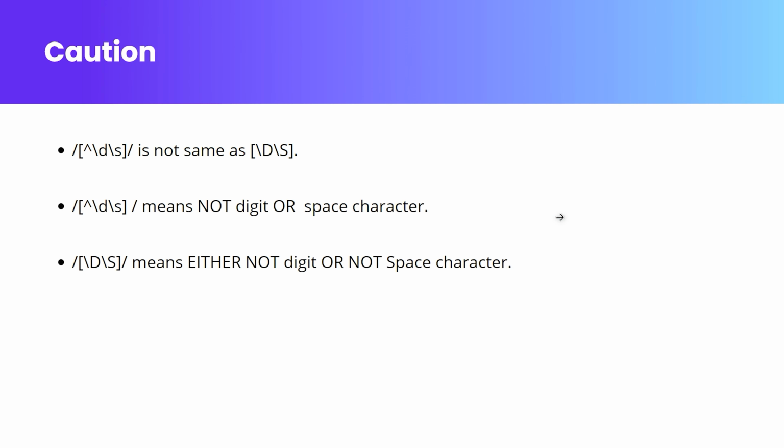And here is some caution that you need to be careful about: this expression is not the same as this. This expression means not a digit or space character, and this means either not a digit or not a space character. So while using it, be careful.